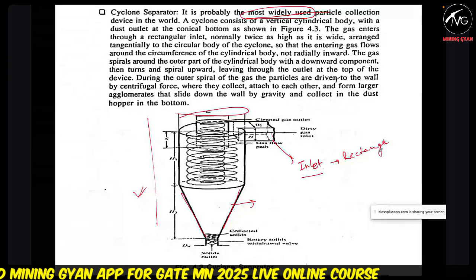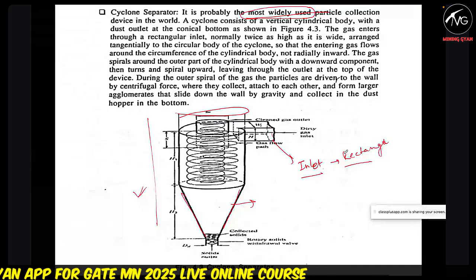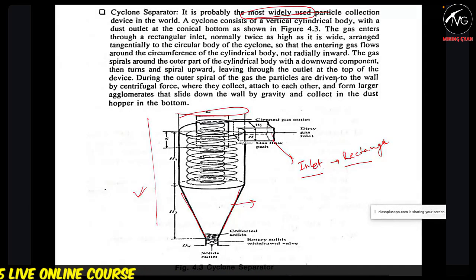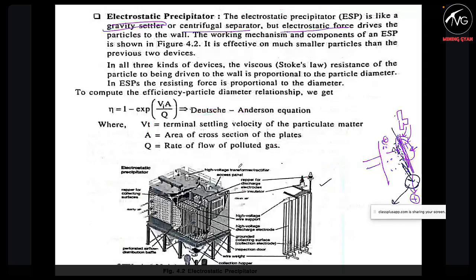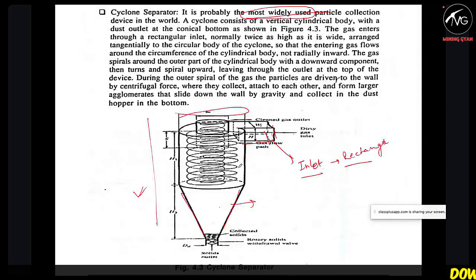These are very deep questions; they may not ask what the ratio between the width and the height is. It is just for your basic understanding, and you should remember what a cyclone separator is and what an electrostatic precipitator is. So basic information you need to know.